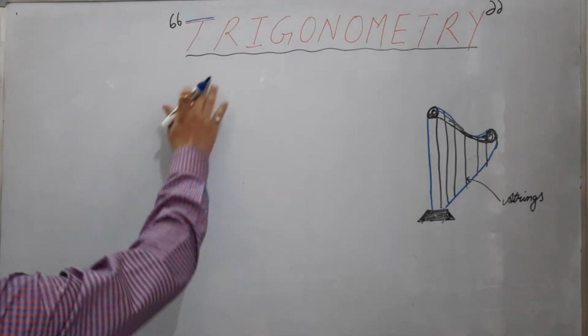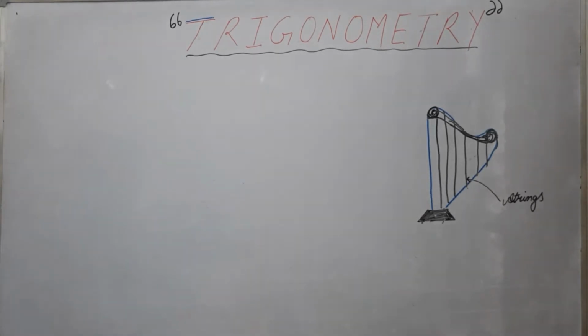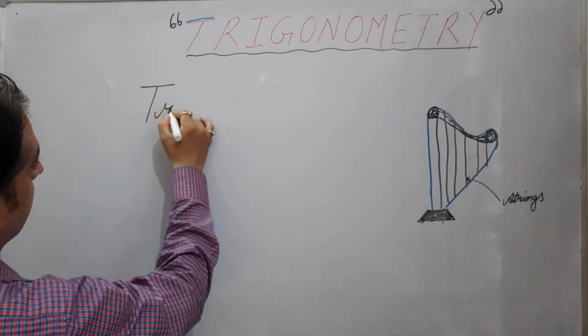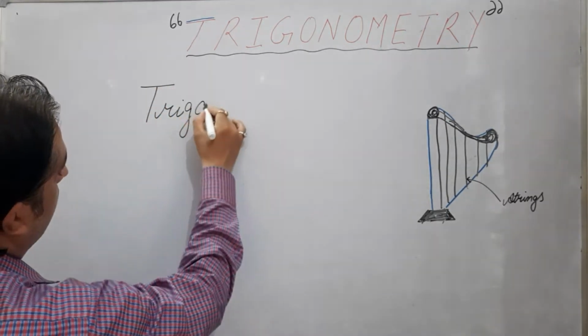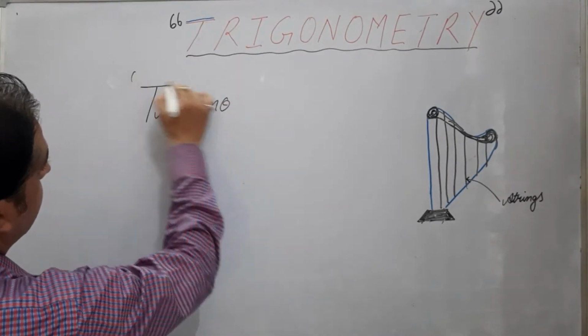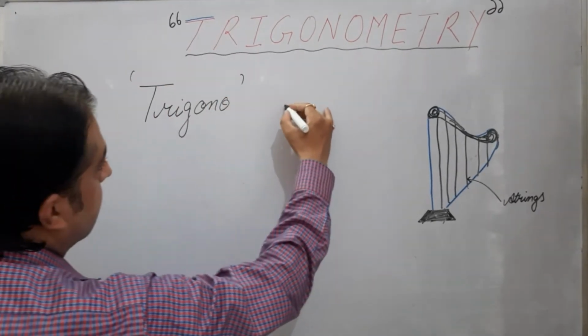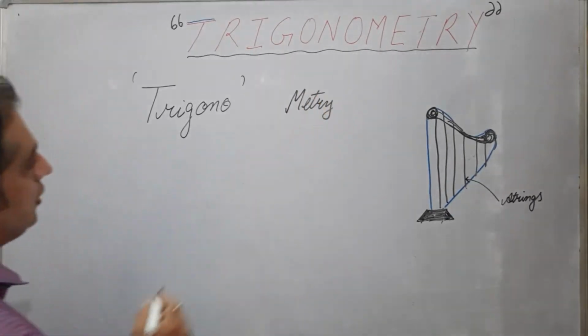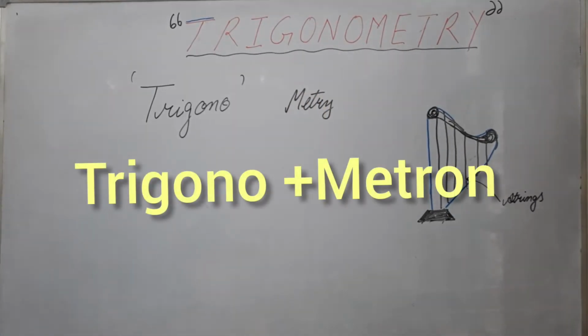Trigonometry, the word trigonometry is derived from two Greek words, that is trigono and the second is metri. So these are the two Greek words.